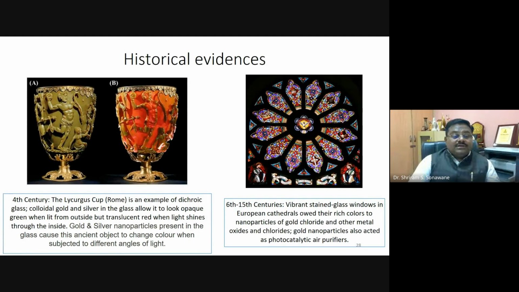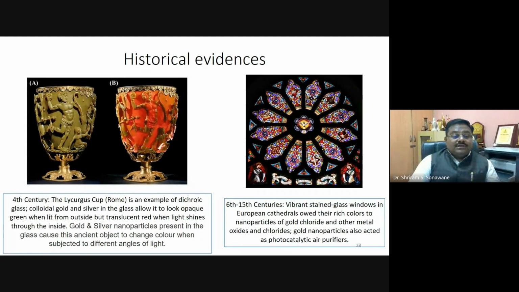This is magic, because gold and silver nanoparticles present in the glass cause an ancient object to change color when subjected to different angles of light. So this property was already in existence in the 4th century of Rome. From the 6th to 15th centuries, vibrant stained glass windows in European cathedrals owed their rich colors to nanoparticles of gold chloride and other metal oxides and chlorides.